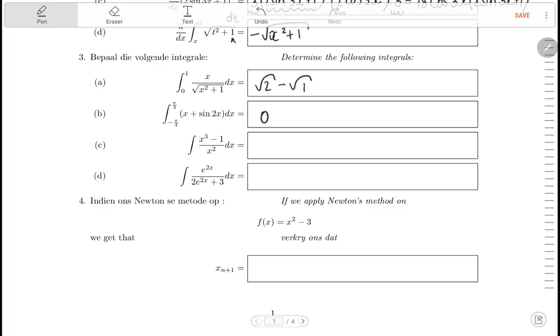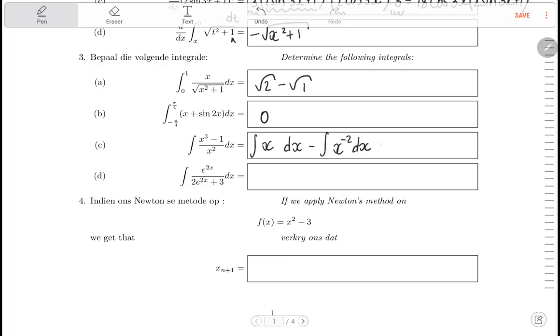So I can write this as the integral of x cubed over x squared dx minus the integral of 1 over x squared dx. My first one, I can just write as the integral of x. My second one, integral of x to the minus 2.